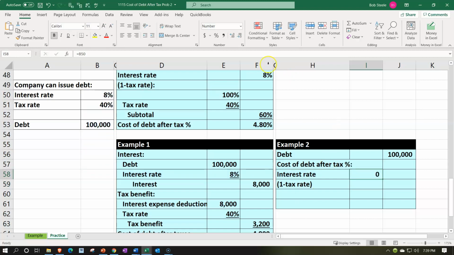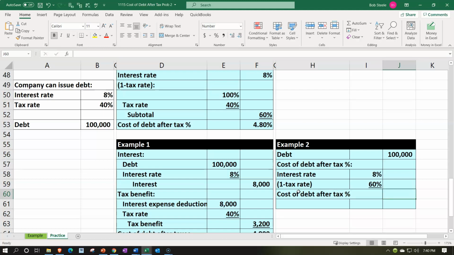And we'll percentify that, numbers group and percentify. Then this is going to be equal to 1 minus the tax rate. And we're then going to go to the numbers group, percentify. We're basically doing this calculation up top now. Font group, and then underline in here. And that's going to give us the cost of debt after tax percent.